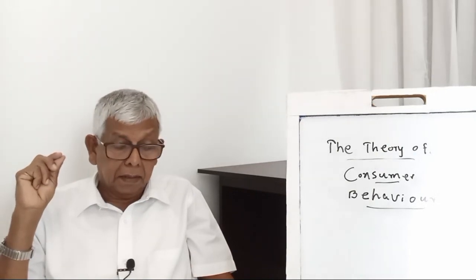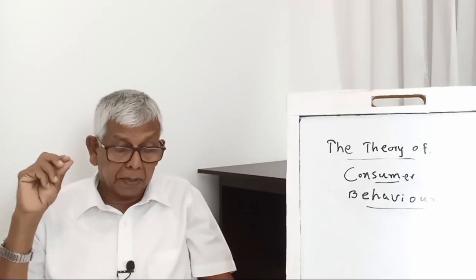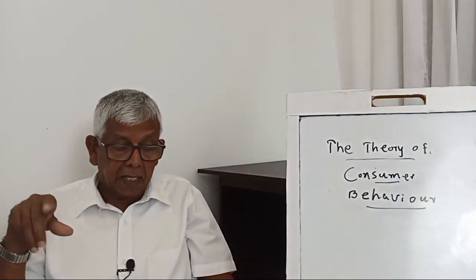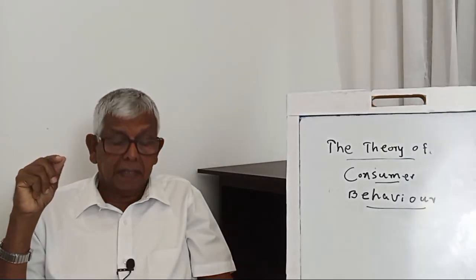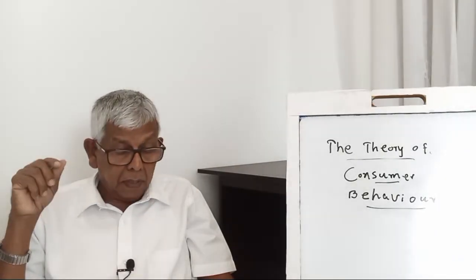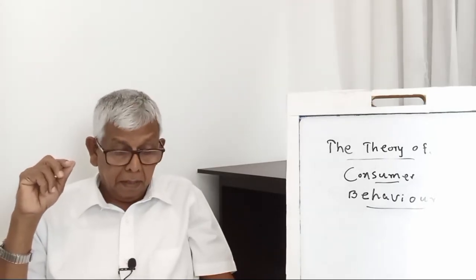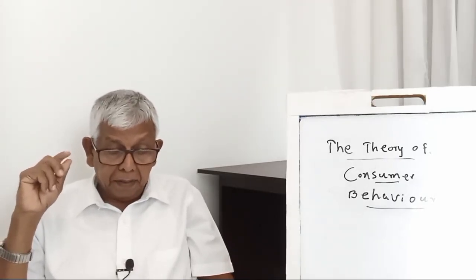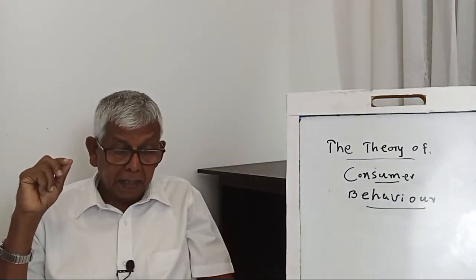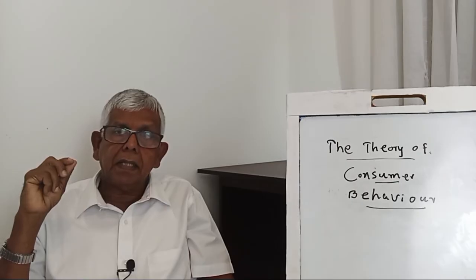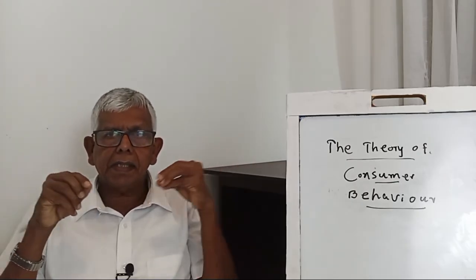Similarly, the market for a particular good or service has many individual buyers and sellers. The overall impact of these individual behaviors determines the demand and supply conditions in the market.